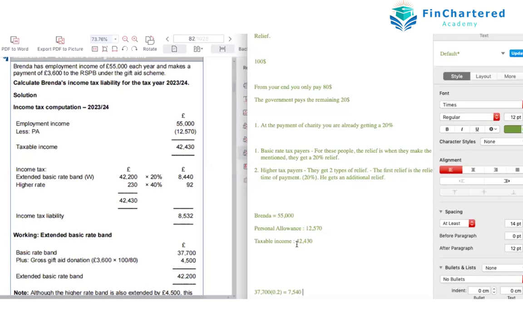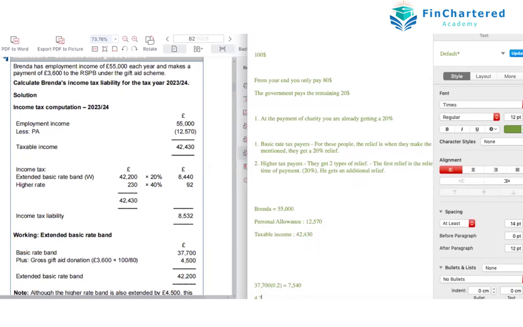But at that time, the government comes and tells you, okay, no, I'll come back. After 37,700, how much is the excess? 42,430 minus 37,700. Please don't look at the textbook. 4,730.